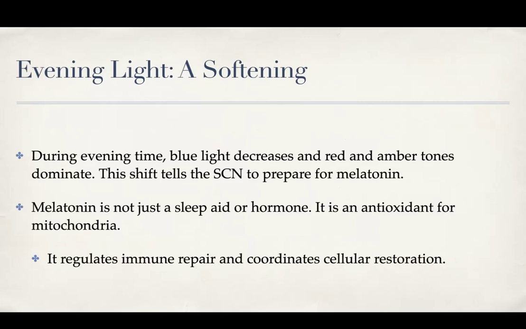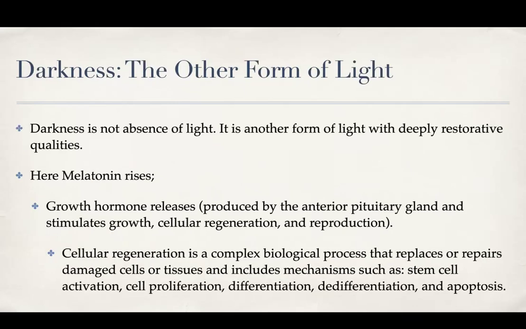This is going to tell that SCN from the beginning slide to prepare to make melatonin. And this melatonin is not just a sleep aid or a hormone, but it really lets the mitochondria detox, right? It's an antioxidant. It's going to regulate immune repair, coordinate cellular restoration. And that cellular restoration has so many different components to it, which we'll get into in a minute.